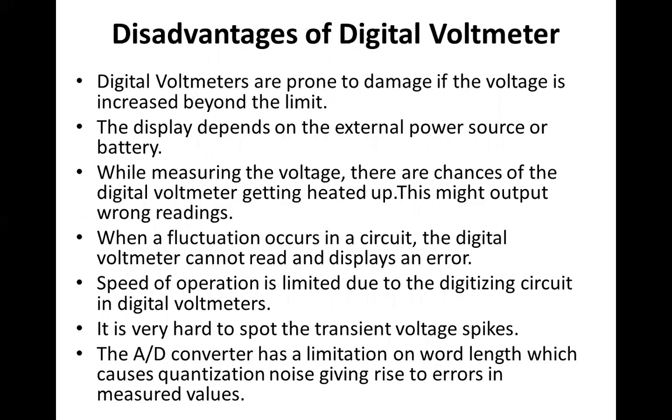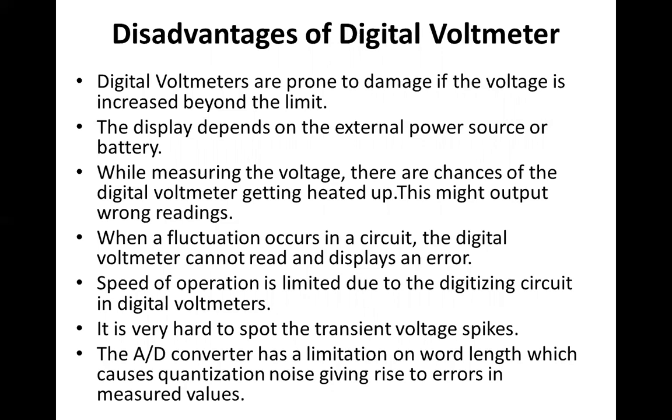Disadvantages of digital voltmeter. Digital voltmeters are prone to damage if the voltage is increased beyond the limit. The display depends on the external power source or battery. While measuring the voltage, there are chances of the digital voltmeter getting heated up. This might output wrong readings.